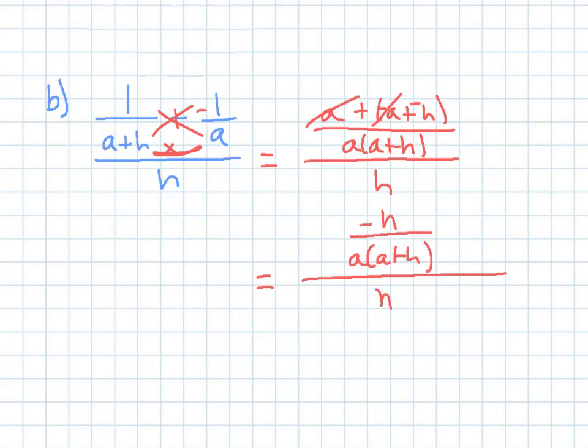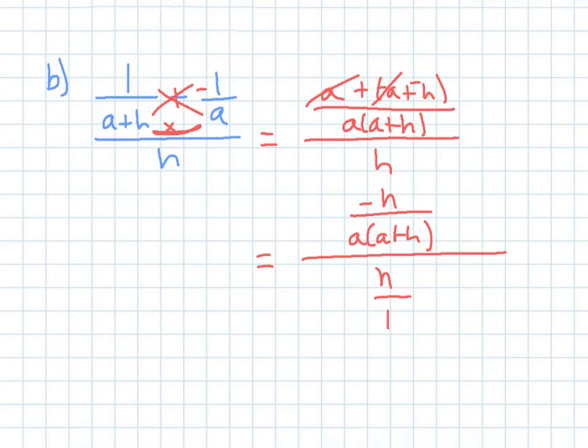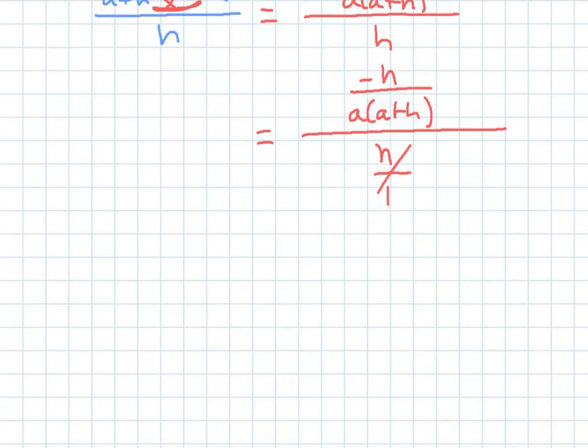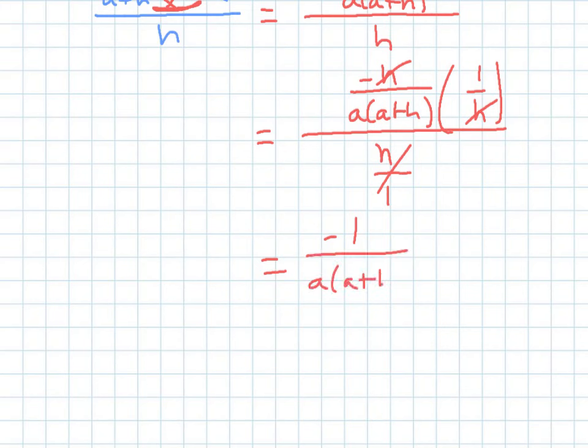Now here, this is still a complex fraction, but h on the denominator is over 1, so I need to multiply by the reciprocal, just like I said before. So it's like that. And so here now, there's an h and an h. They cross each other out. So you're left with just negative 1 in the numerator. And you have a times a plus h in the denominator. Okay? And so then that would be your answer.